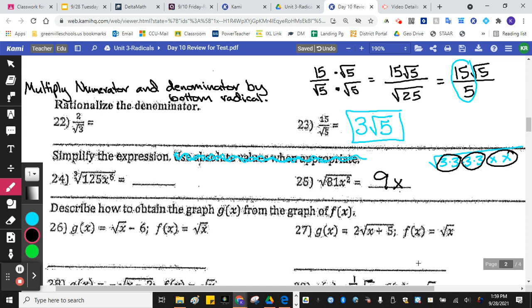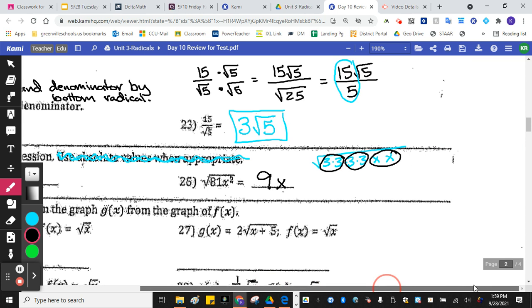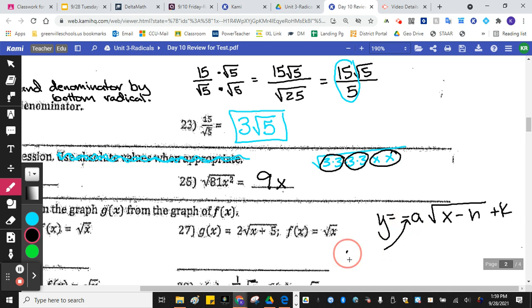The last half of this page was all on your last test. It's all your graphing and transformations, but this is just strictly on radical equations. So that's what you did on Friday. So you have to know that equation still from last chapter. The negative is a reflection of your x-axis.